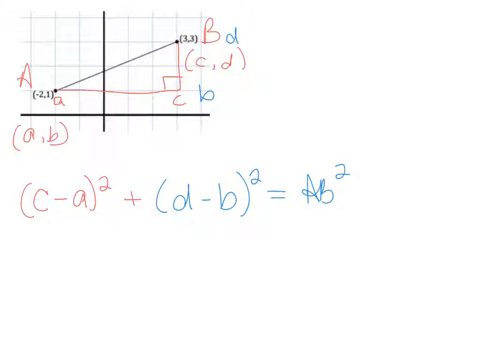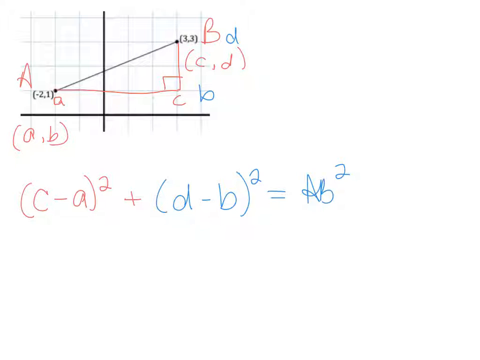So review, we did C minus A, quantity squared, and D minus B, quantity squared. I used this one first and I went over here. So C minus A, which are the x values, and D minus B, which are the y values.